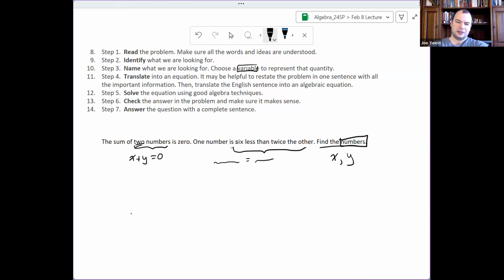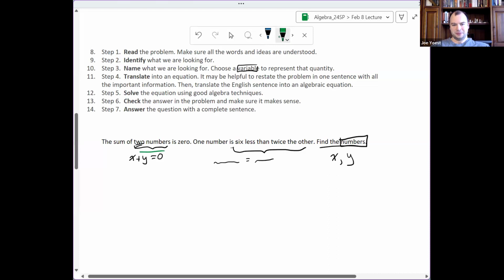Is there a way to maybe simplify one of these equations? Is there a way to rethink about this problem in terms of just a single variable? Well, let's focus on this first equation. X plus Y equals 0.